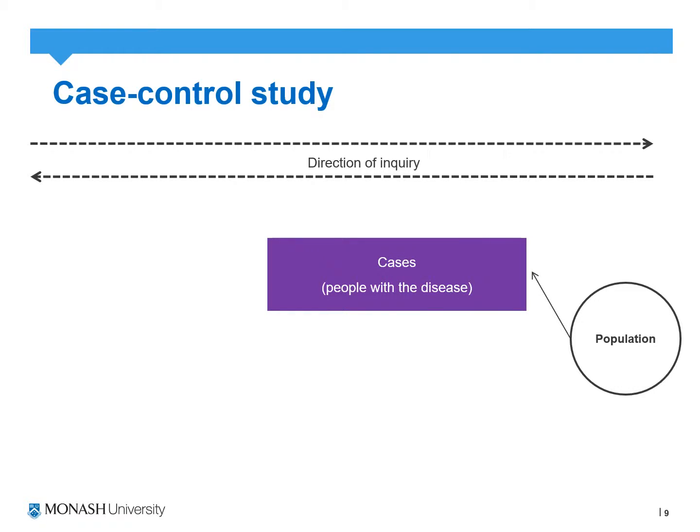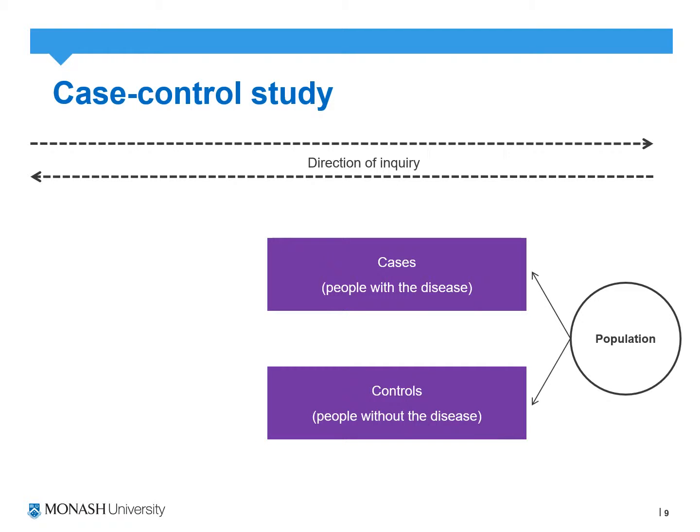So in doing so, we need to firstly identify our cases, so people with the disease. So you may think of people, for example, with cancer, as opposed to our controls. So same group of participants in terms of demographics, so age, sex, any other comorbidities. The only difference between our cases and our controls is our controls don't have the outcome of interest. So in this case, it may be cancer.